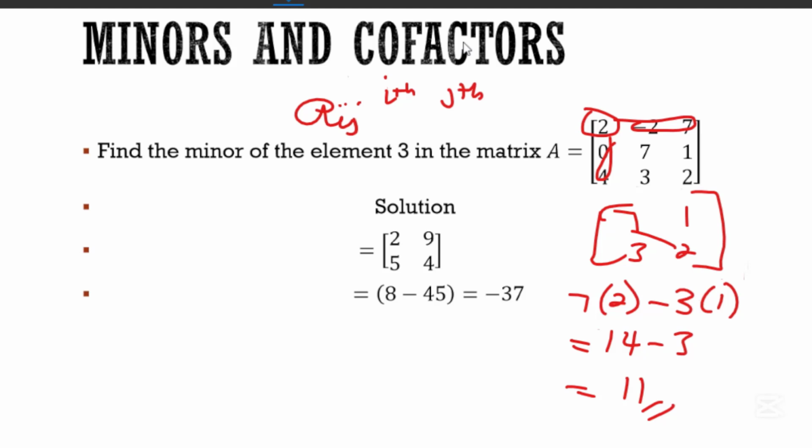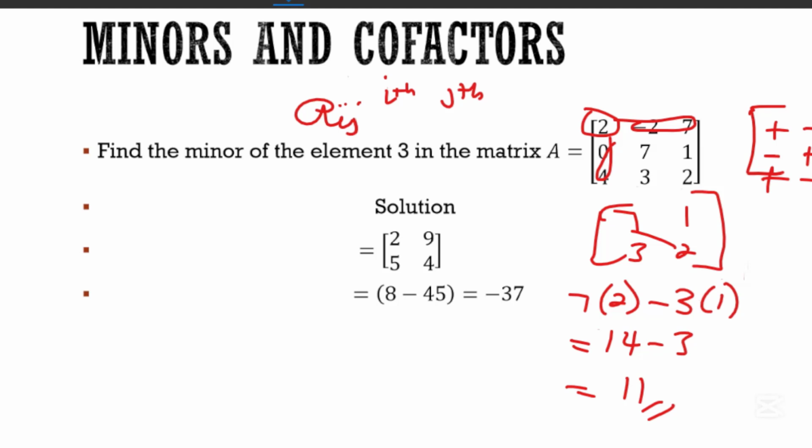That's great. Now let's talk about the cofactor. We can form a determinant of these elements, but the appropriate signs are given by plus, minus, plus, as we saw in our previous discussion, minus, plus, minus, plus, minus, plus.